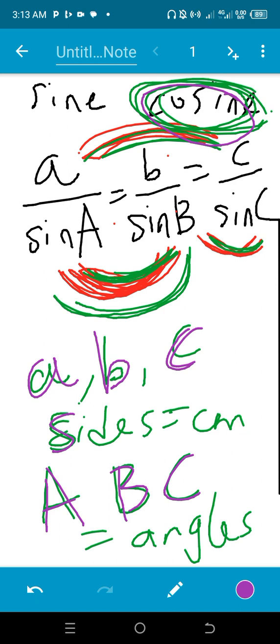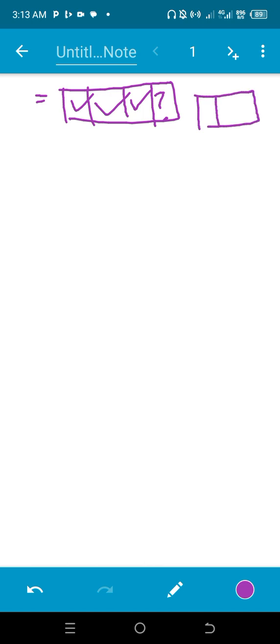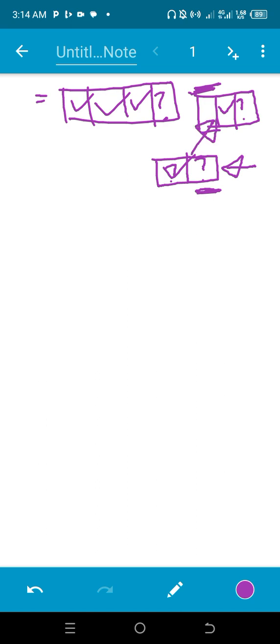The major thing about formulas is that you can use a formula if only the part you want is missing and you already have the others. But if another part is also missing, you must first find that one, then apply it here to solve for this. That's just what maths is.